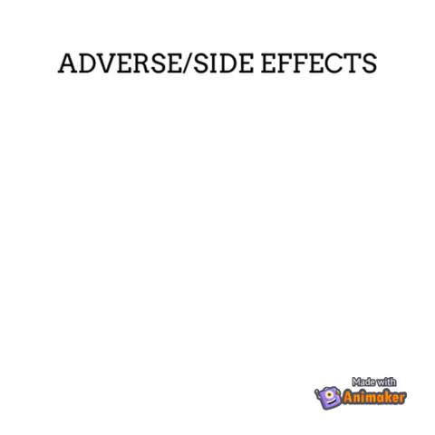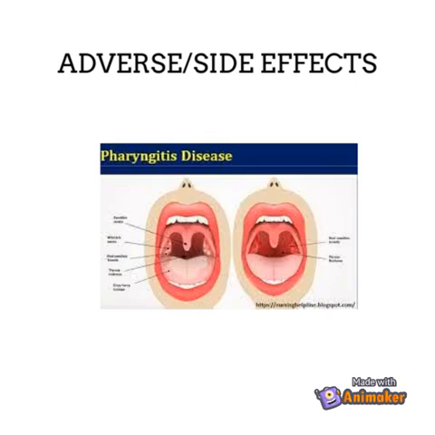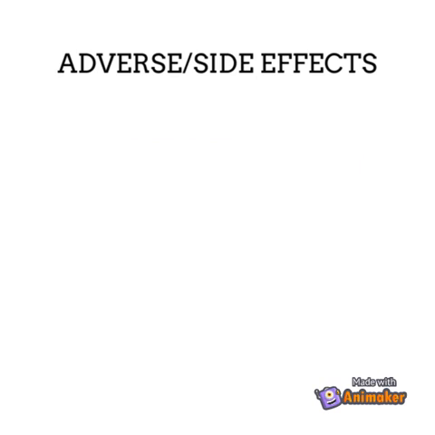So now, let's talk about the common side and adverse effects per body system. In endocrine, common is dysmenorrhea. In respiratory, common are pharyngitis, rhinitis, hoarseness, throat irritation, upper respiratory tract infection, and dysphonia.